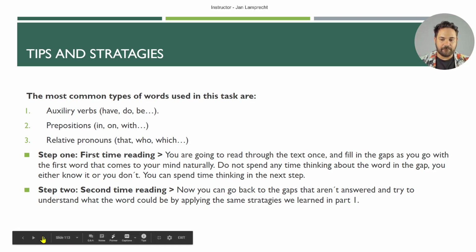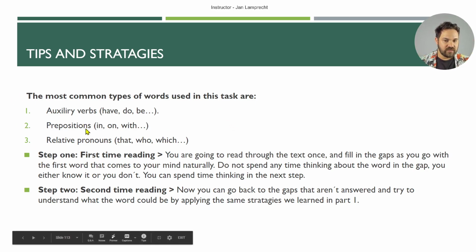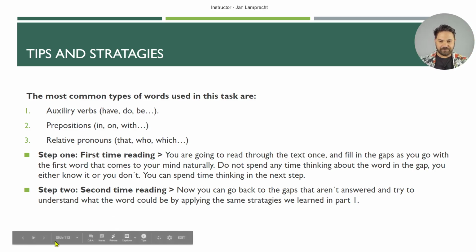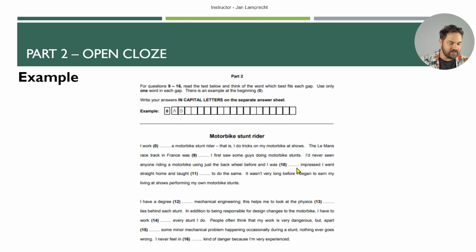So now there's nothing more for you to learn here apart from focusing on what is before and after the gap. Remembering, this is very important, that the most common types of words used are auxiliary verbs, prepositions, and relative pronouns. Read it once quickly. Try to fill in the gaps you can naturally fill in.